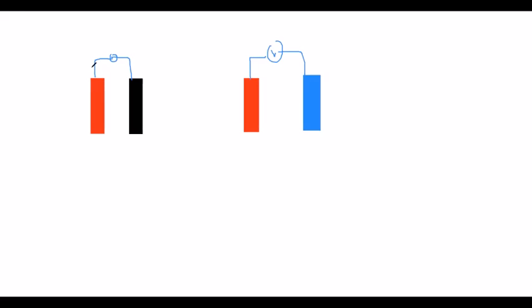The movement of electron is from X to Y, and the movement of electron is from Z to X. X, Y, X, Z. And the voltages are given. Example, the voltage here is given as 3 volts. The voltage here is given as 1 volt.